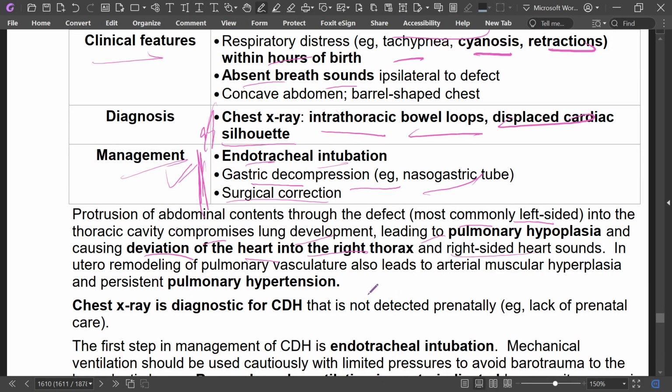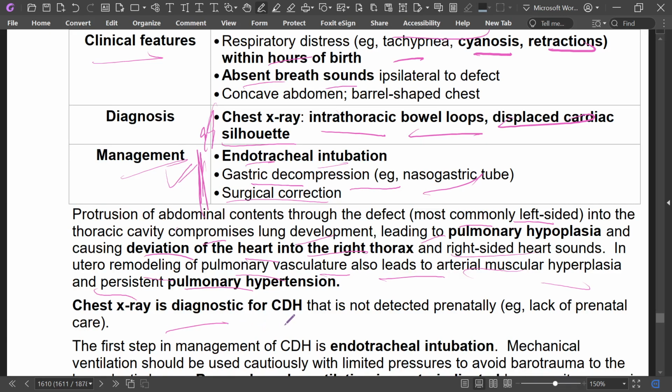As the lung is hypoplastic, the heart is deviated to the right thorax, with right-sided heart sound. In utero, remodeling of the pulmonary vasculature also leads to arterial musculature hyperplasia and persistent pulmonary hypertension.